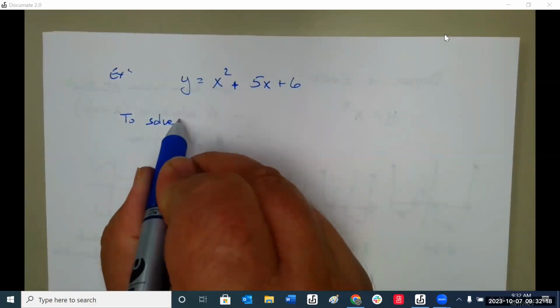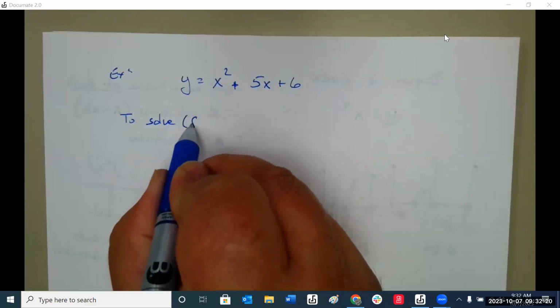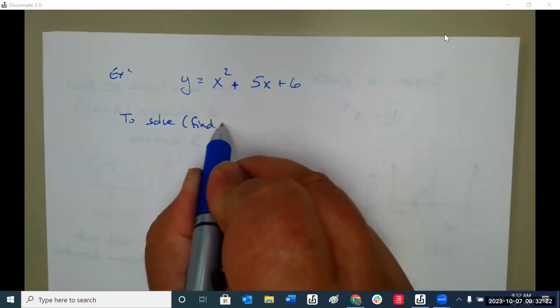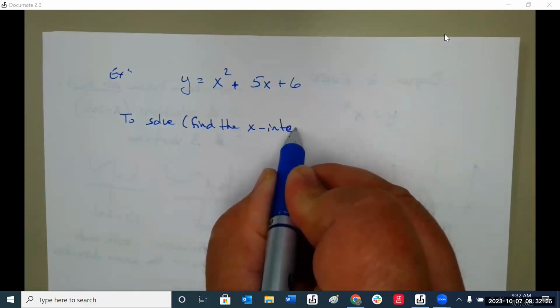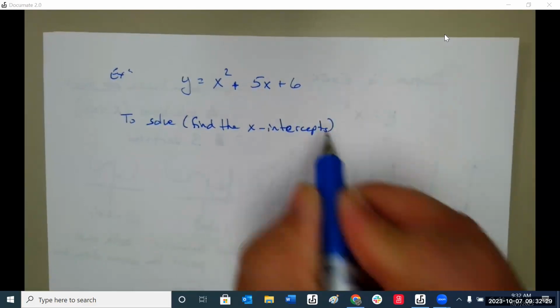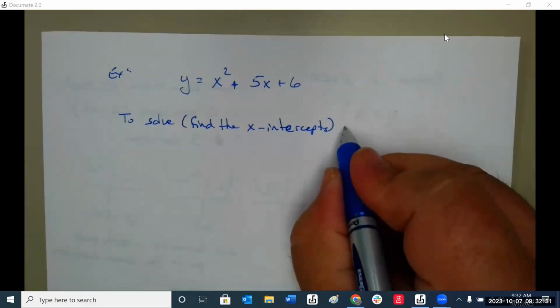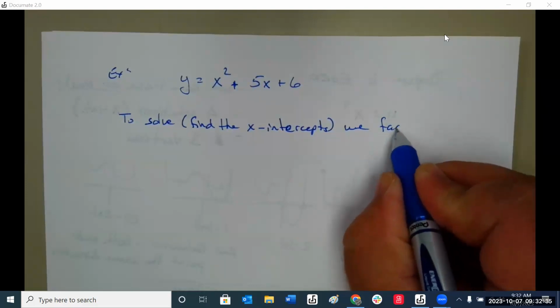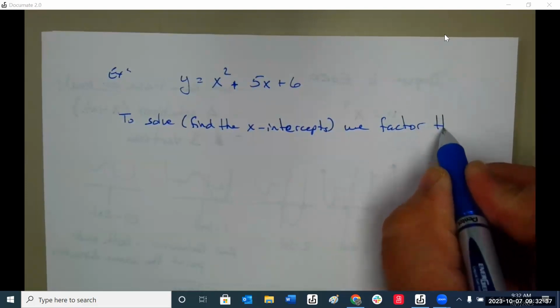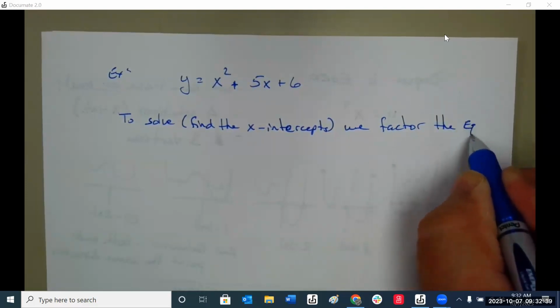To solve, in other words, to find the x-intercepts, we factor the equation.